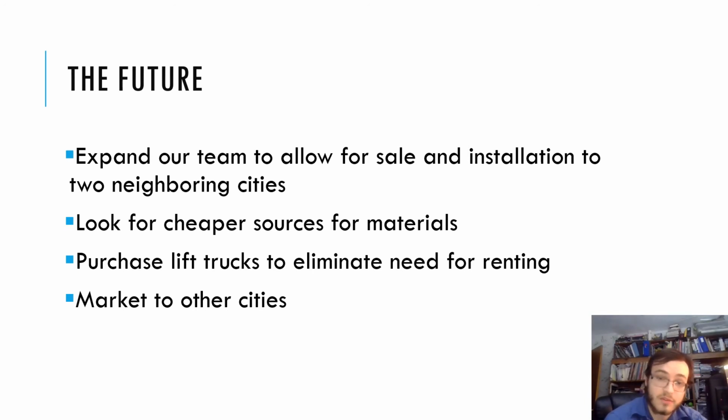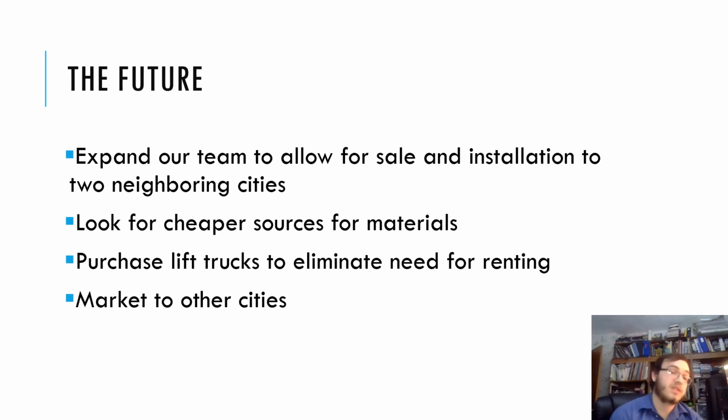We also need to look for some cheaper sources for the materials, just for the motion sensors, as they're a bit more expensive than we had hoped we would find originally, but they were the best that we could. So we can start contacting other suppliers of electronic goods to find these materials.